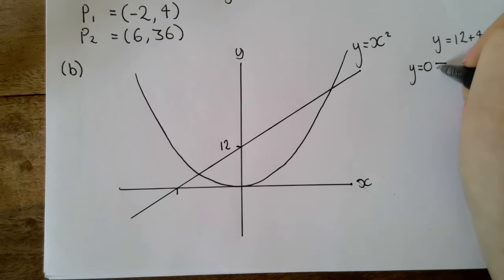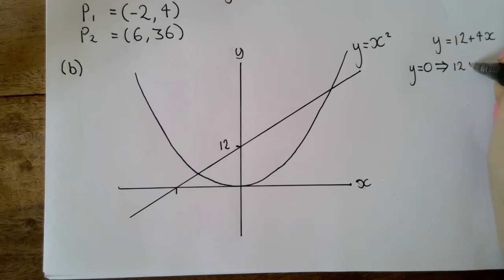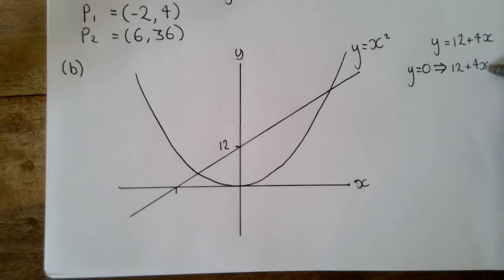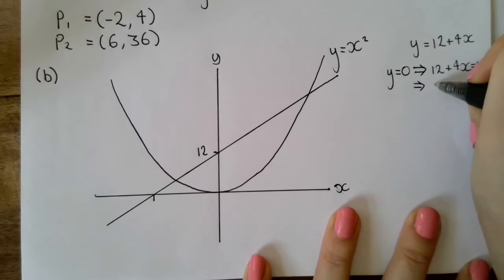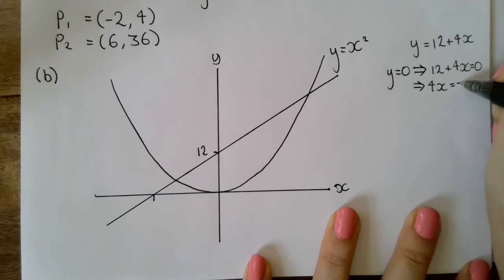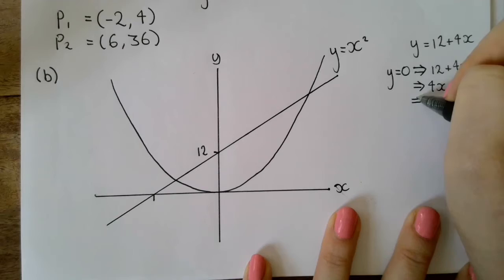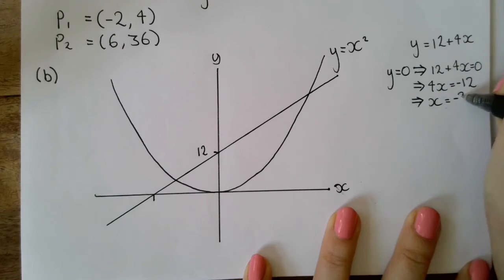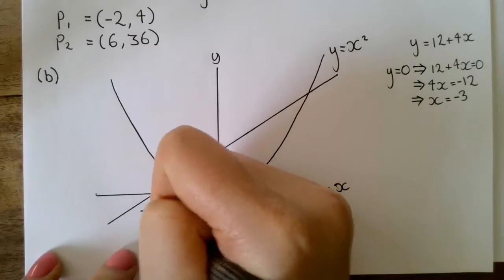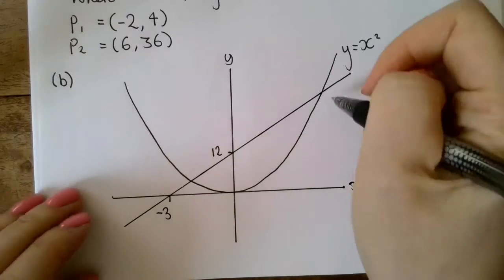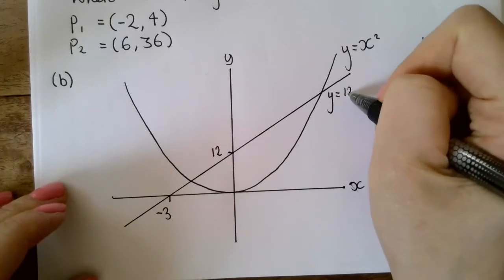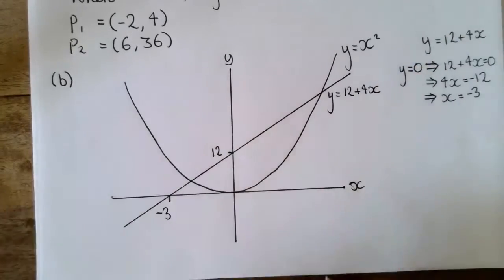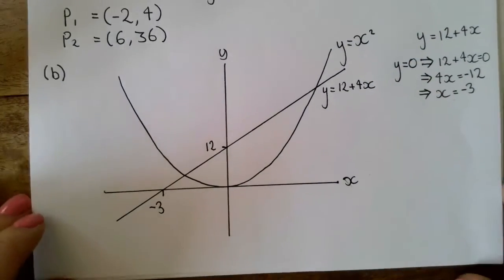So y equals 0, that means 12 plus 4x equals 0. So we've got 4x is equal to negative 12. x is equal to negative 3. So I've drawn a sketch of my two graphs, y equals x squared and y equals 12 plus 4x, with all of their key points.